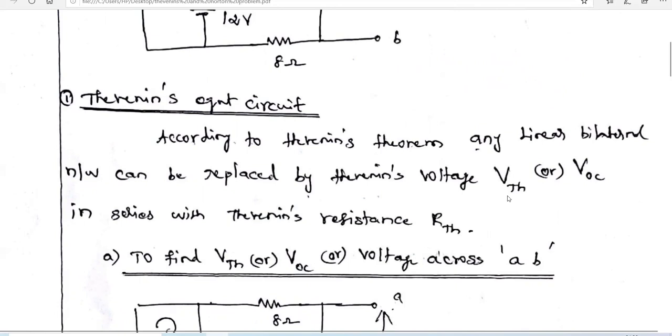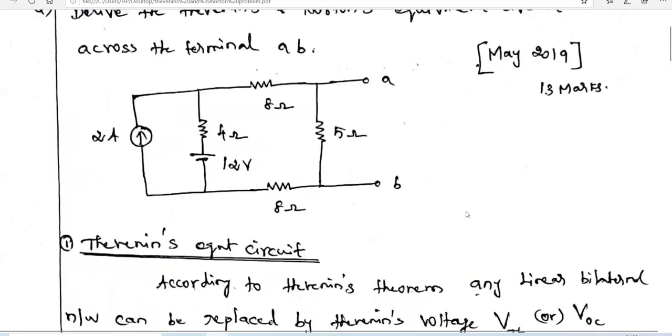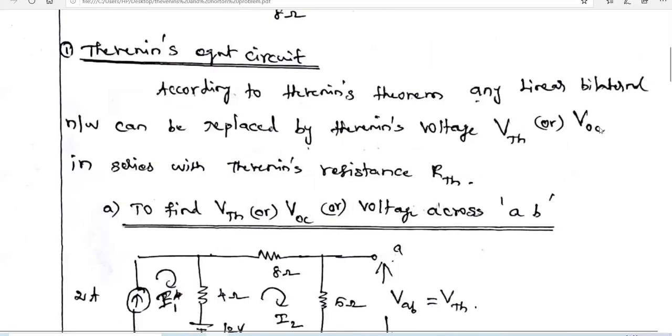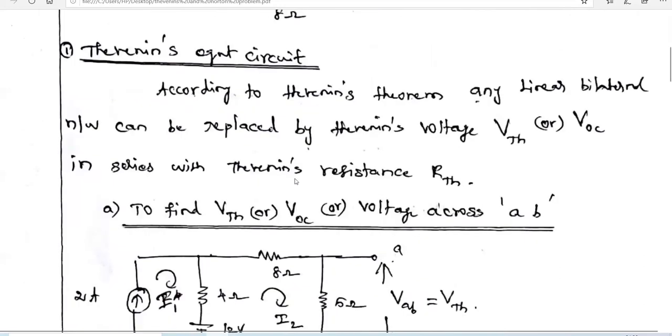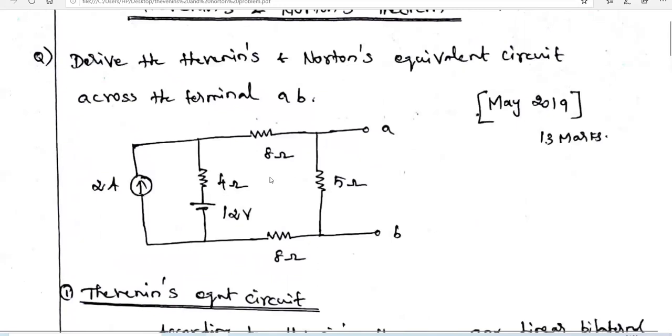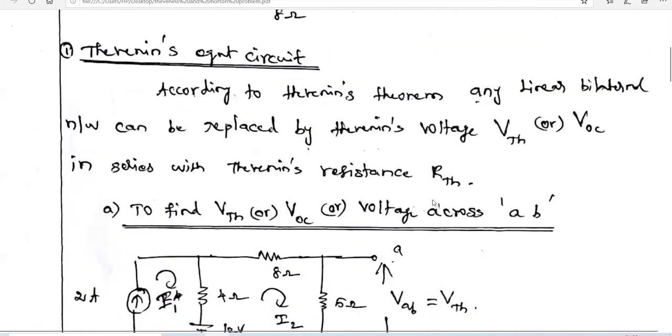The Thevenin's voltage is also called the open circuited voltage across the terminals A and B, that is VOC. And the Thevenin's resistance RTH is the equivalent resistance across the terminals A and B.